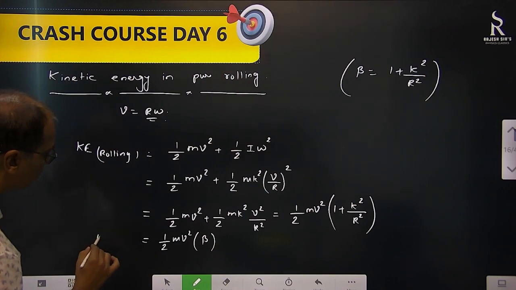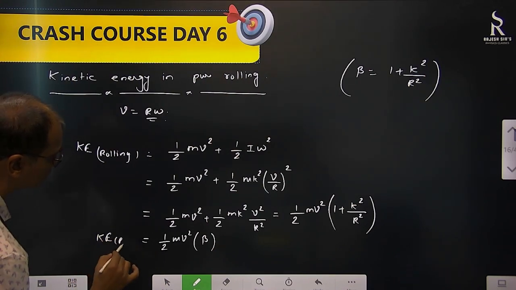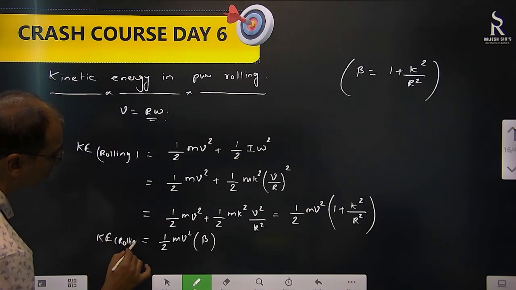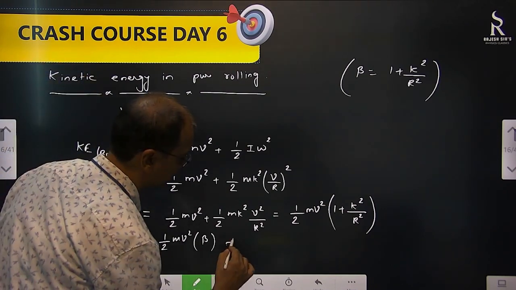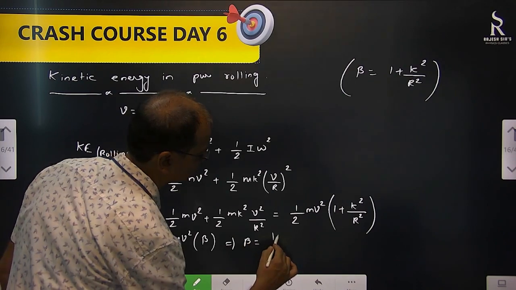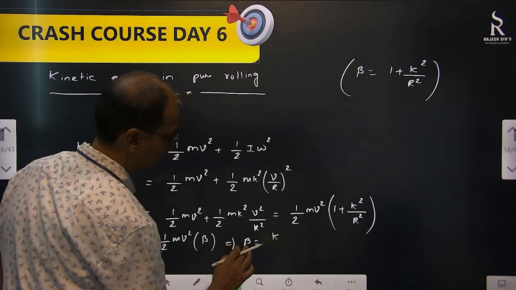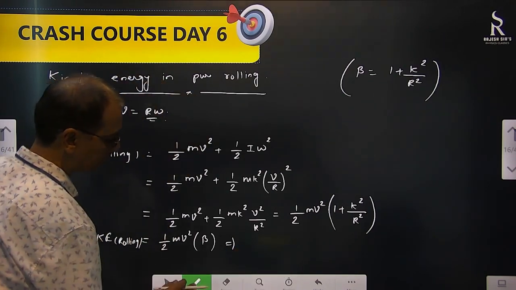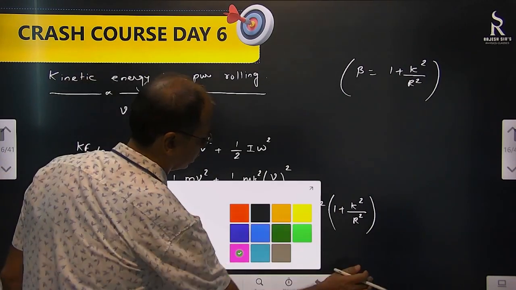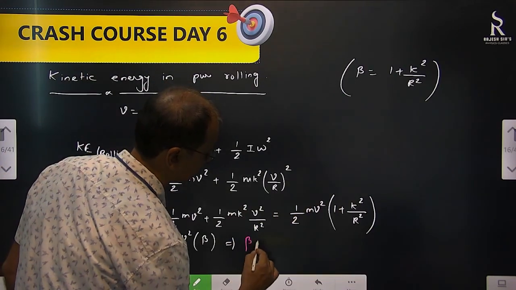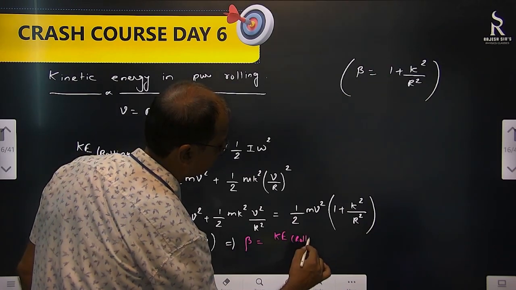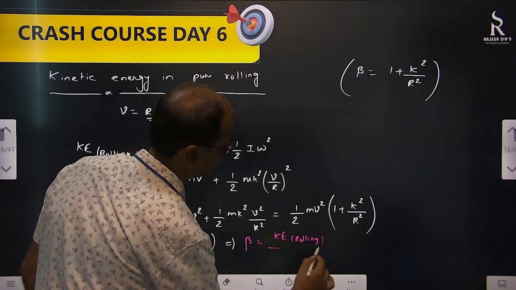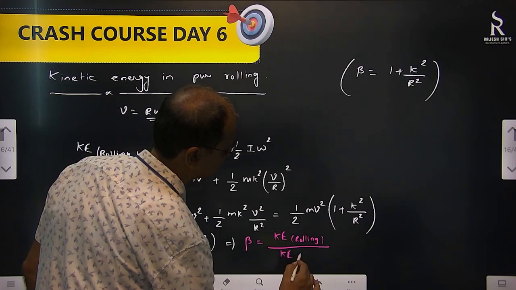Now, this is kinetic energy of rolling, and this is kinetic energy of translation. So beta actually is kinetic energy of rolling by kinetic energy of translation.